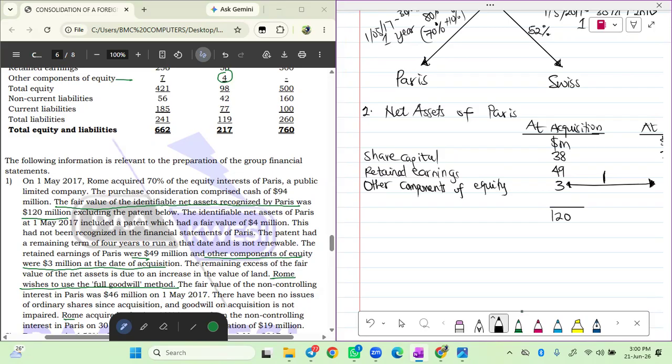So they said that the difference is as a result of what? The remaining excess of the fair value of the net assets is due to an increase in the value of land. So the difference will be sort of what? Fair value gain, land.